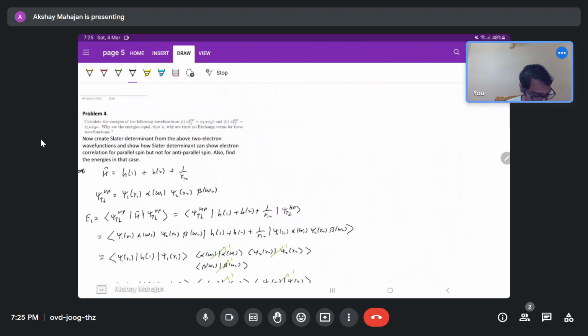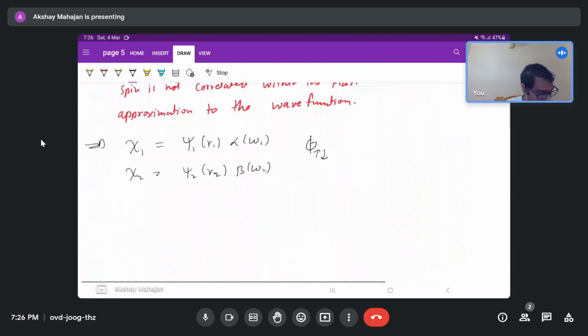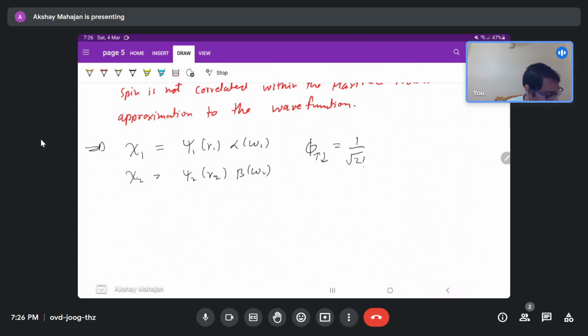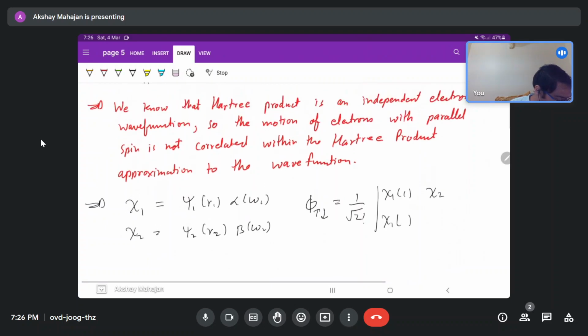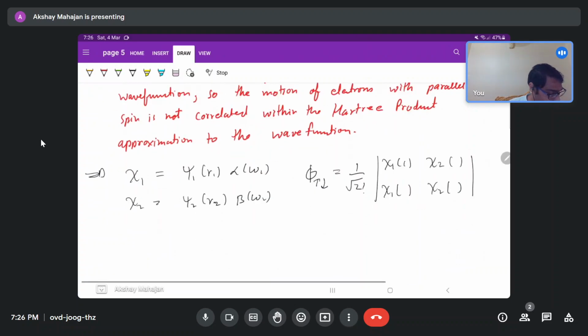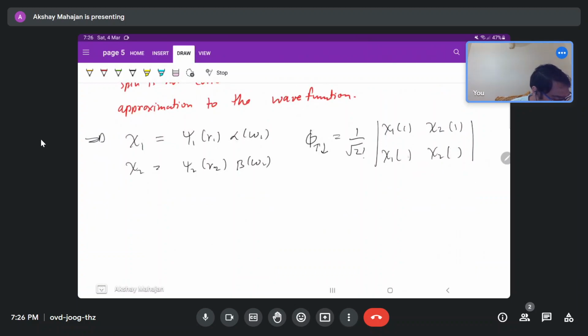Instead of using a Hartree product, just multiplying coefficients, I'm using a Slater determinant, with a factor of 1 over the square root of 2 factorial. The columns will be our spin orbitals, and the rows will be electrons 1 and 2. So we will have phi up-down equal to 1 over root 2 factorial times the determinant of chi1 and chi2. This is our Slater determinant for anti-parallel spin.